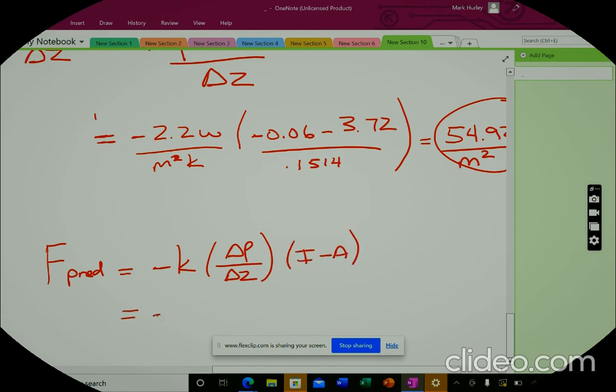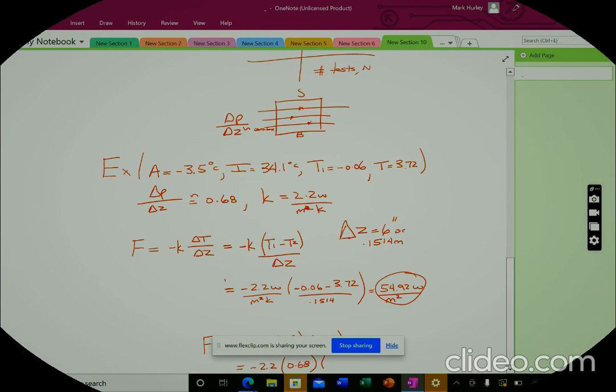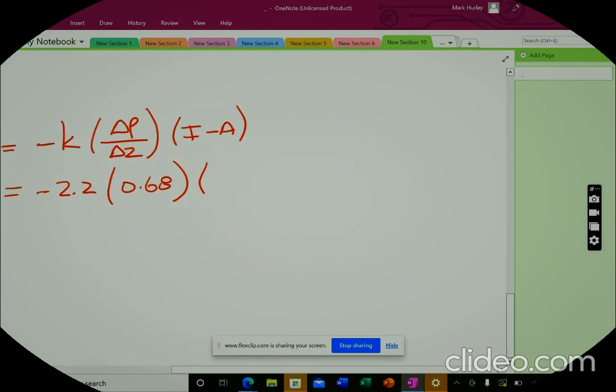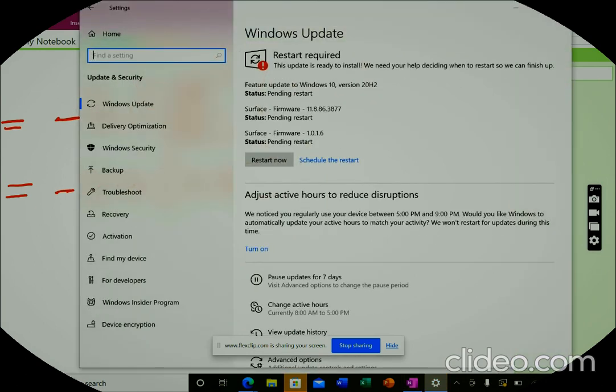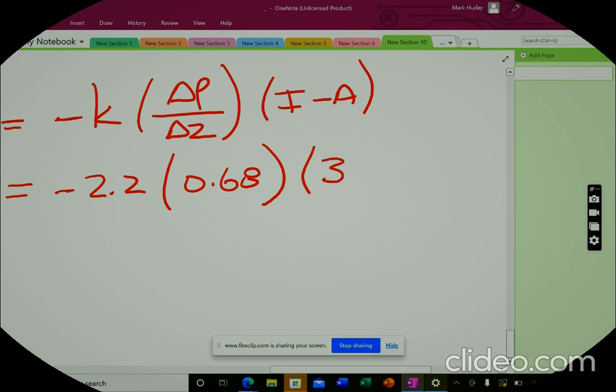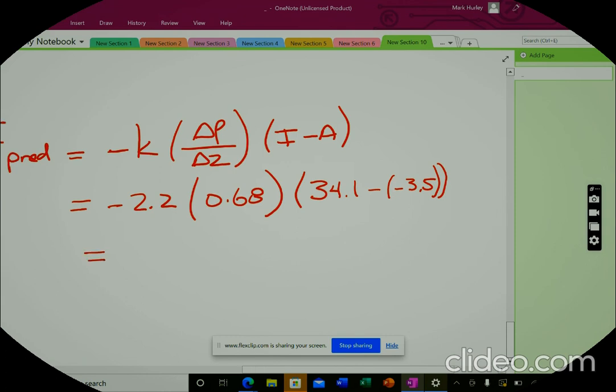In this case, we have negative 2.2 times delta P over delta Z, which is 0.68, times, going back to the conditions, 34.1 minus negative 3.5. And when you calculate this, you get approximately 56 watts per meter squared.